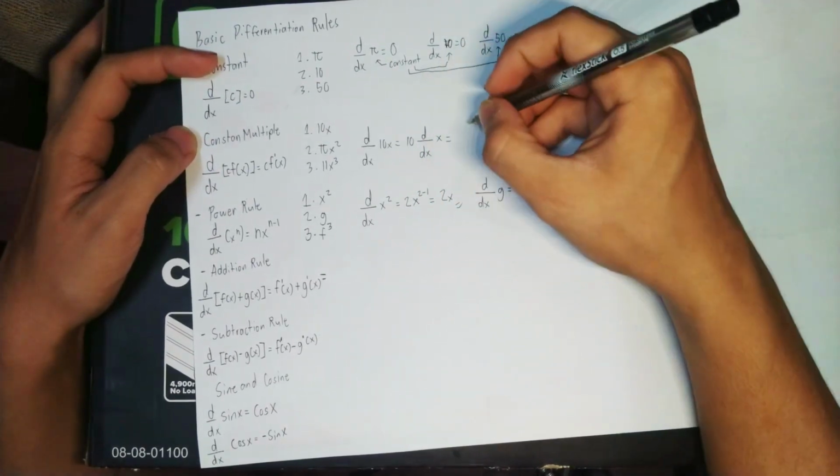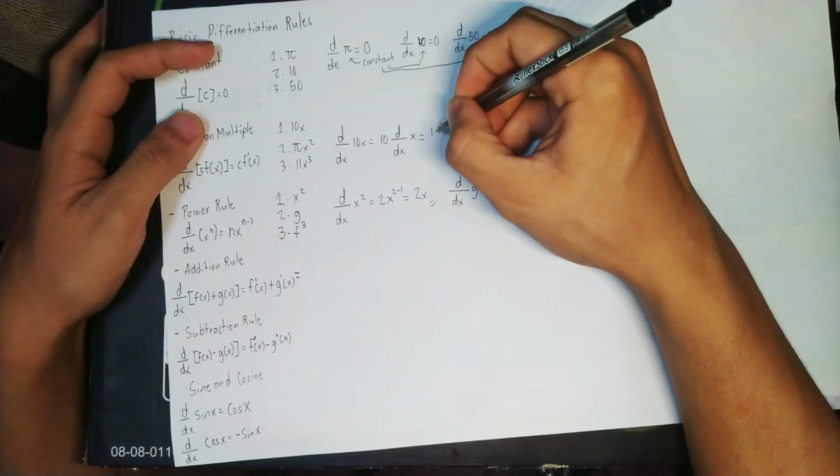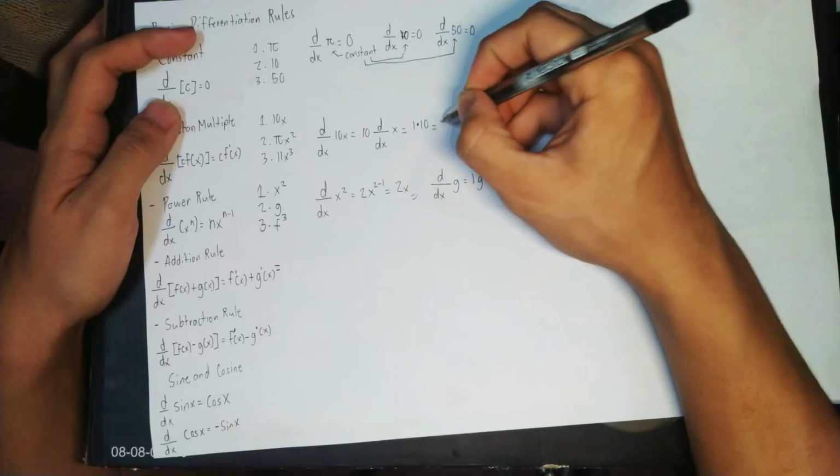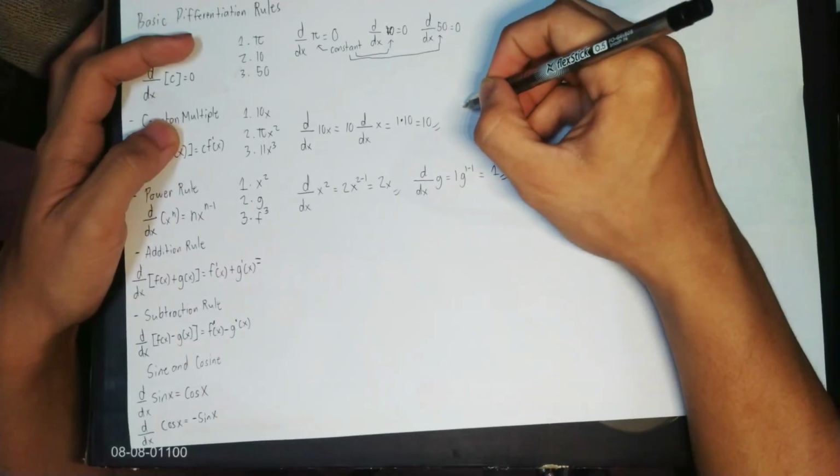Now let's go back to constant multiple. That's just basically it, but you will have to move the constant to the other side of the derivative sign, and then you will multiply it back.